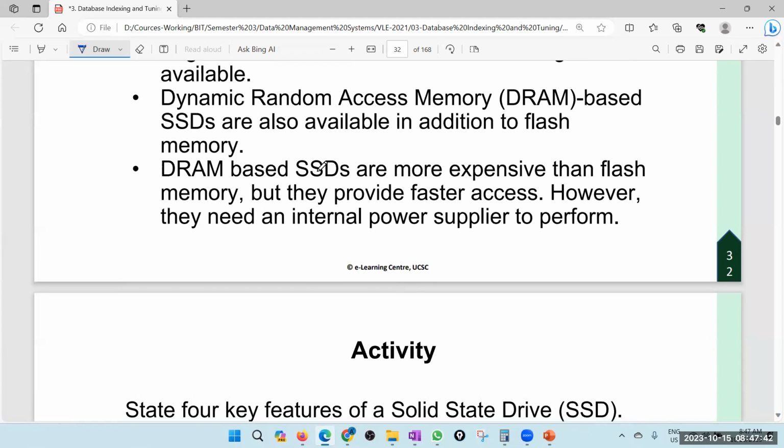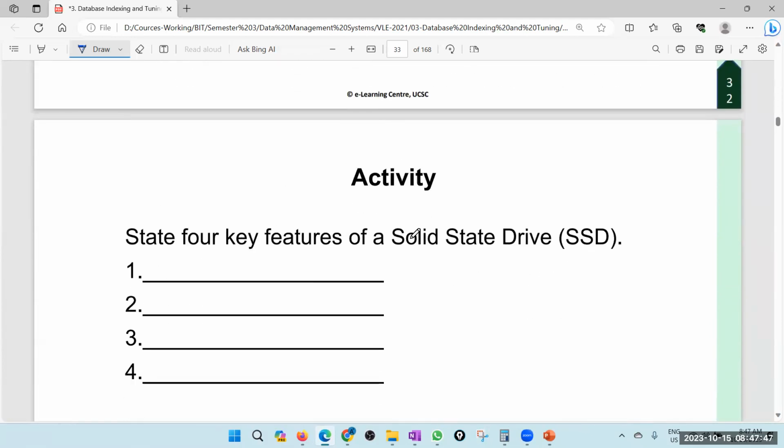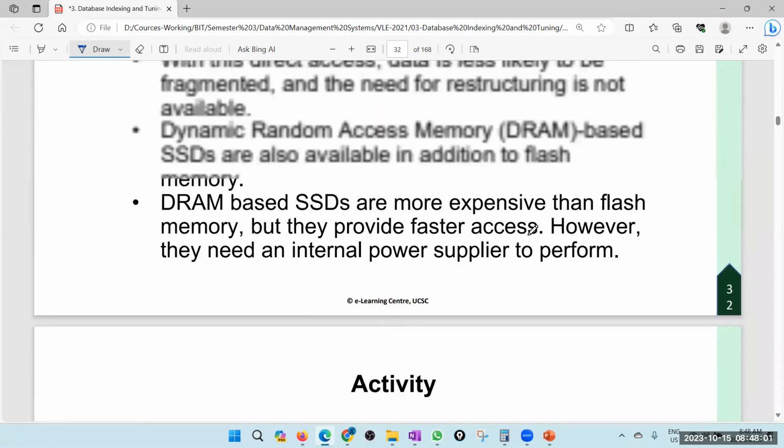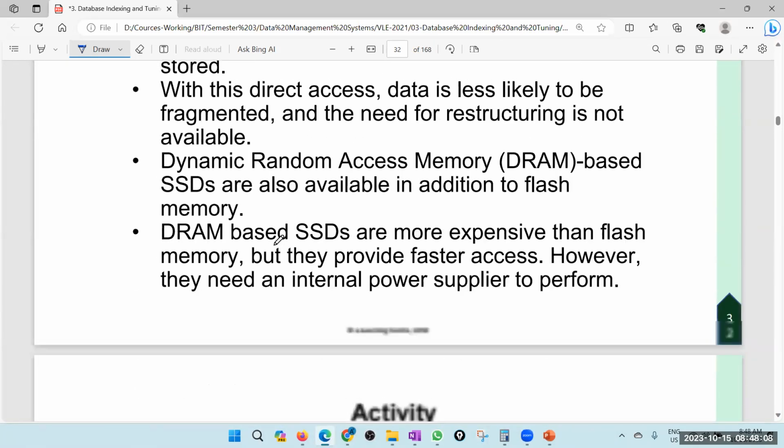You have to read these things. State four key features of a solid state drive. You can write something like: no moving parts, consisting of logic gates rather than magnetism, more reliable, and faster. You can find proper points from your notes also.